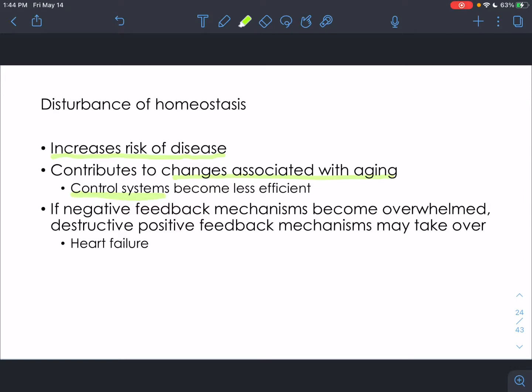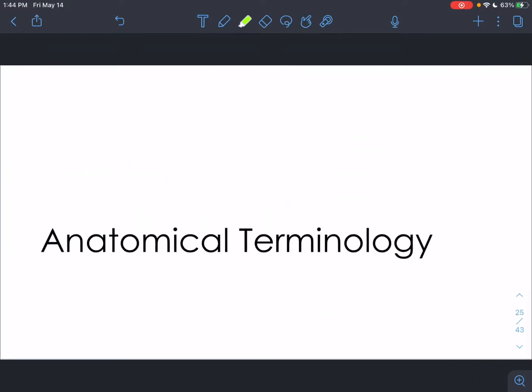So our bodies get too hot and we can't cool them off as easily, or too cold, we can't warm up. So homeostasis is important. As we get older, our body doesn't do it as well. But if we get to a point where we can't do homeostasis at all, that leads to real problem disease, different things like heart failure, and death. So that's not good.